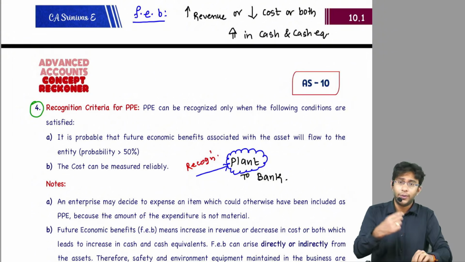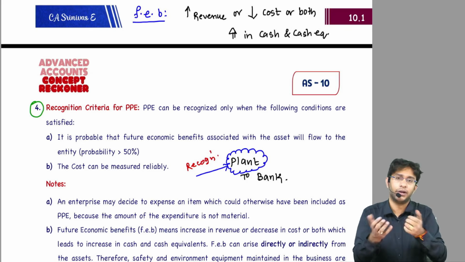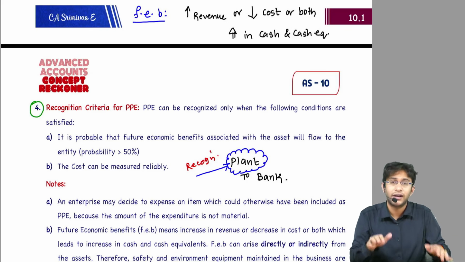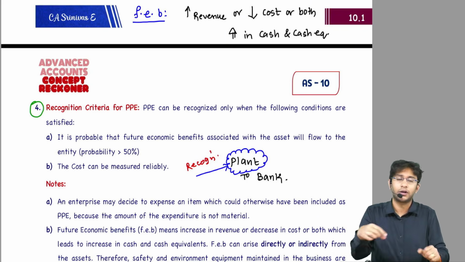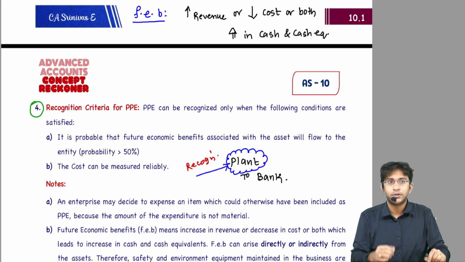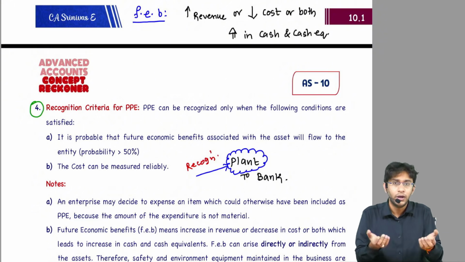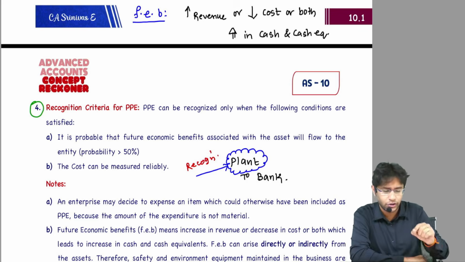So for example, if you buy a machinery, I'm able to manufacture goods and sell them, that will increase my revenue. I buy another kind of equipment, that will reduce my existing cost of production. My existing machinery is there, but under the new machinery the cost of production is going to become lower, so reduction in cost. So either increase in revenue or reduction in cost, they both are capable of giving you an increase in cash and cash equivalents in future. That is called future economic benefits.